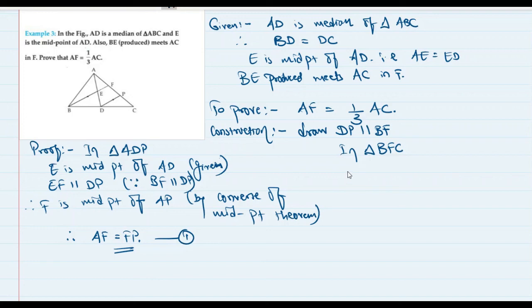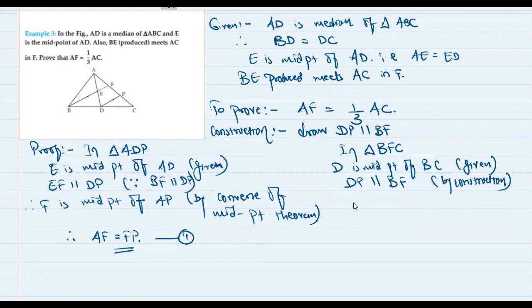In triangle BFC, D is the midpoint of BC, which is given since AD is a median, and DP is parallel to BF by construction.